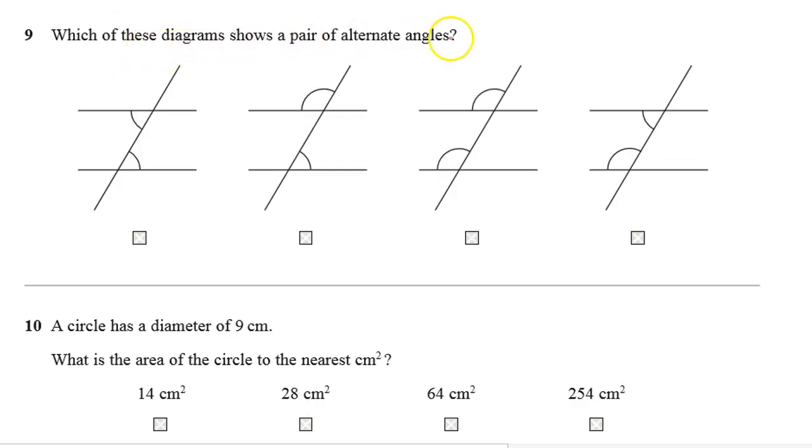Which of these diagrams shows the pair of alternate angles? Now the easiest way to get the alternate angle, it is also called the Z angle.